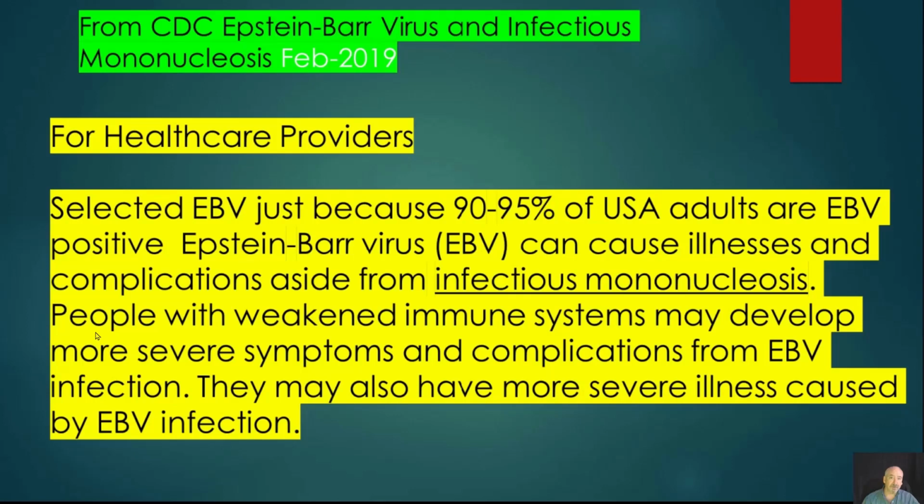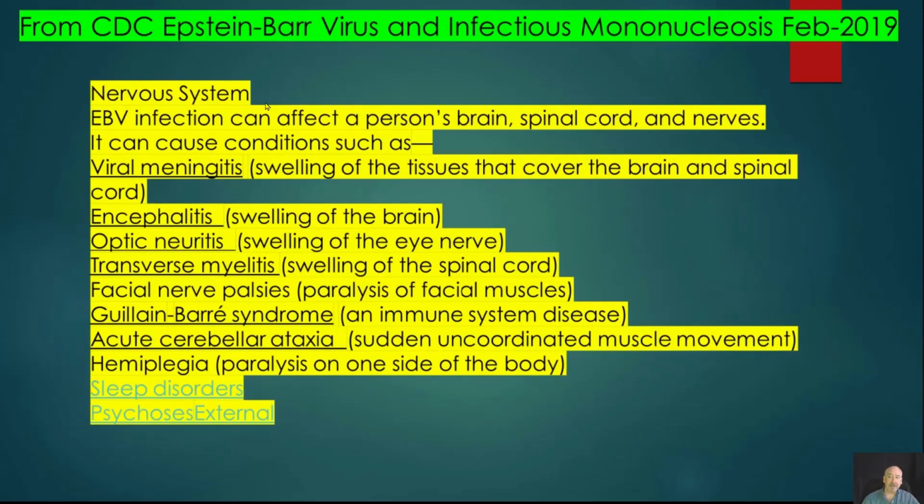Understand that coming out of the CDC just last year in February, the identification of all of these different components that Epstein-Barr virus can be involved in as a background is relatively new information, because it can have an effect inside the central nervous system, can be associated with viral meningitis, it can cause optic problems, and all of these different processes, and you realize Epstein-Barr virus prevalence is 90 to 95% of the population.